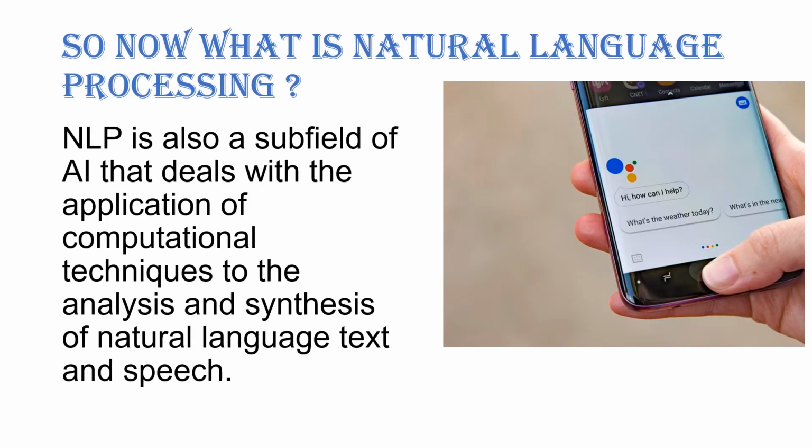Now, we said we'll give natural language processing examples, so we should also know what natural language processing is. Natural language processing, that is NLP, is also a subfield of artificial intelligence, which deals with the computational analysis of human written languages, and also deals with human spoken languages.